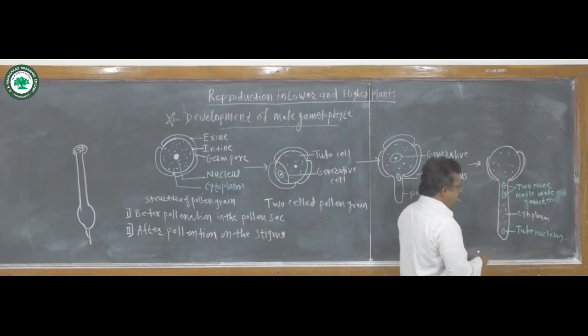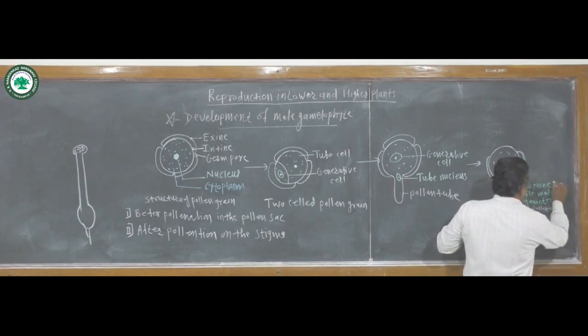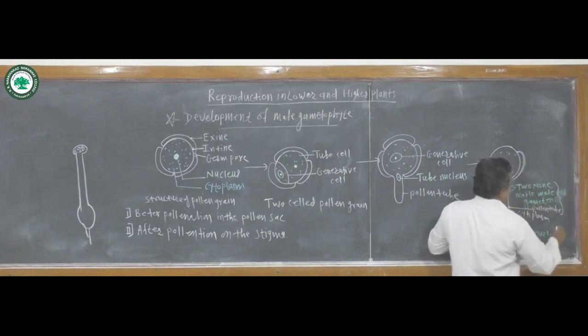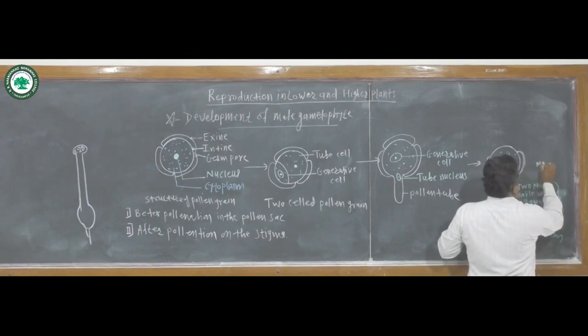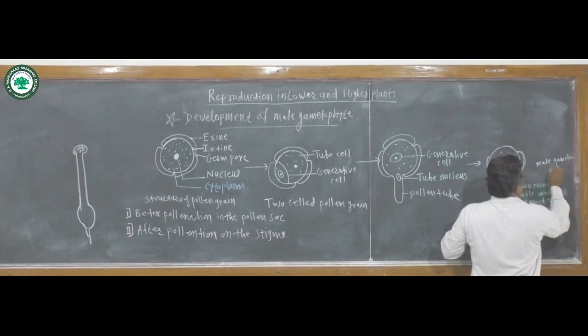The two non-motile male gametes and the pollen tube together are called the male gametophyte.